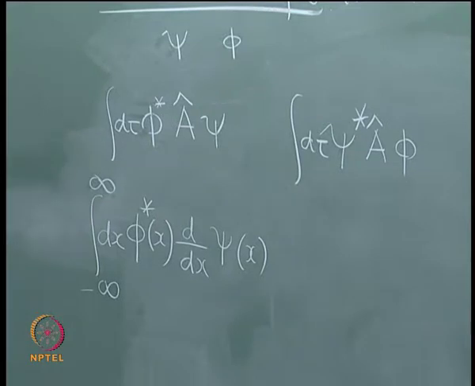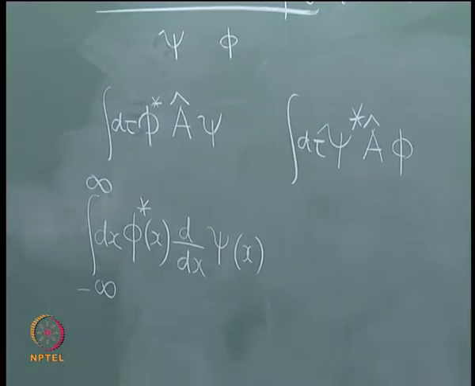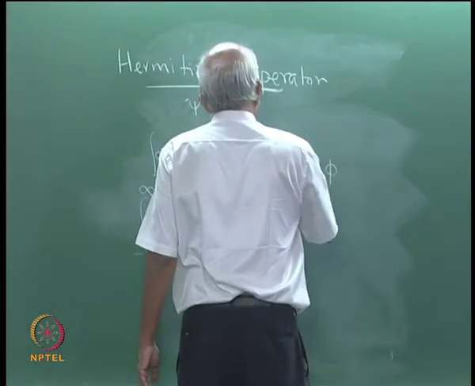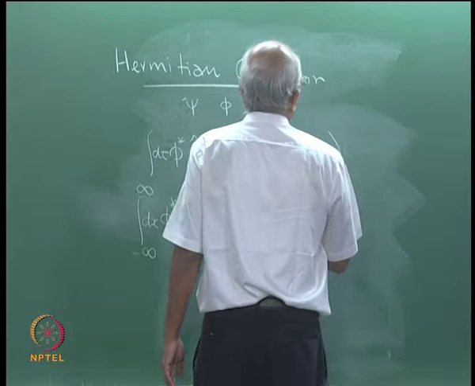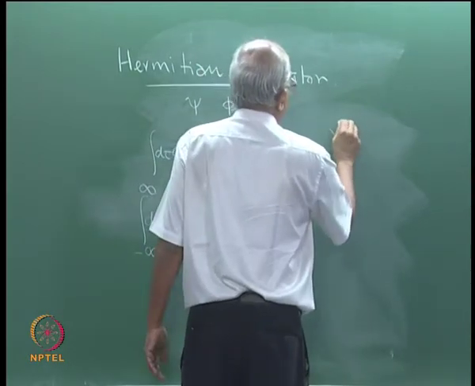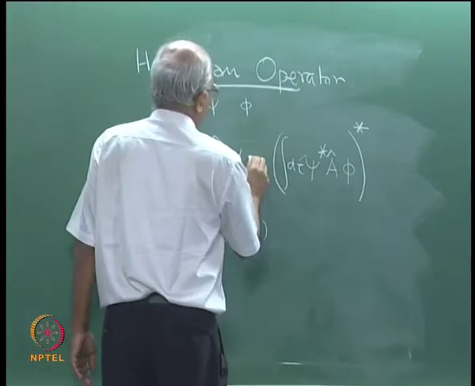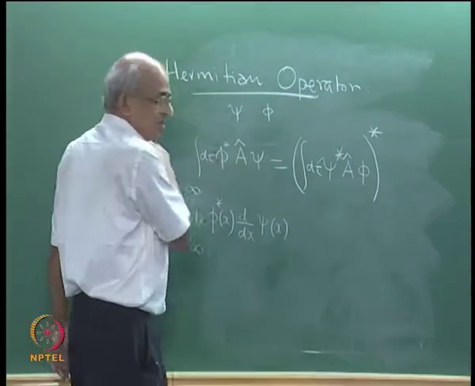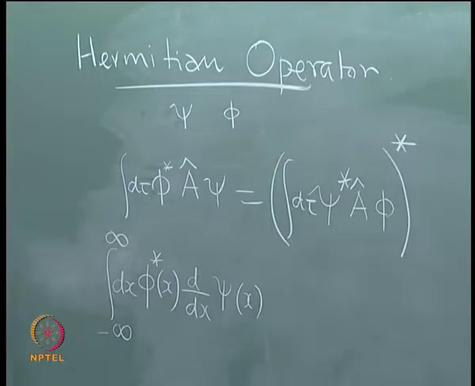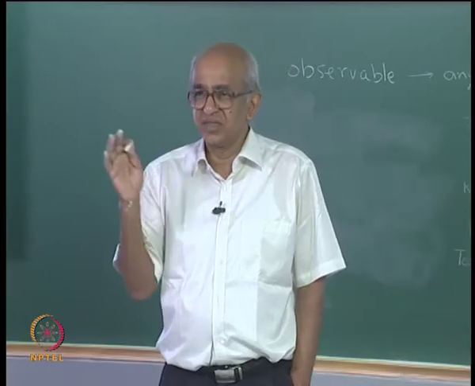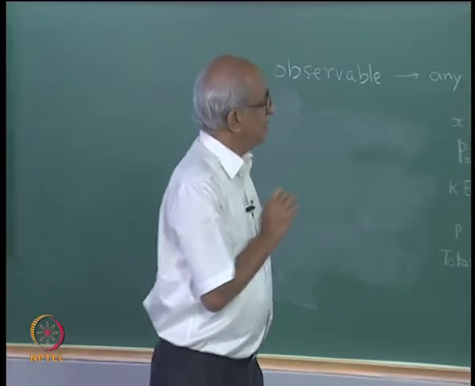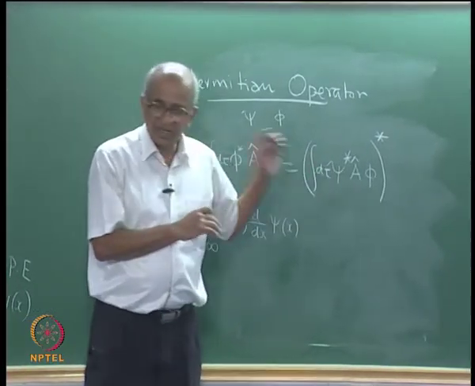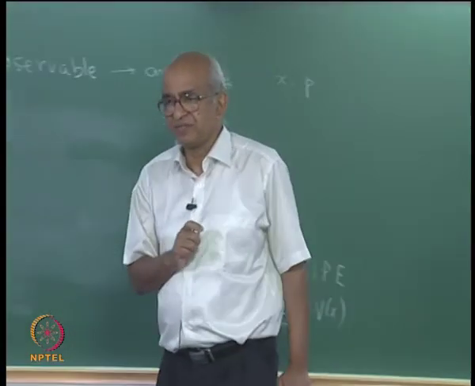I shall get some number there, and if it so happens that I take the number I obtained here and take its complex conjugate, and after complex conjugation it is equal to this number, then I say that A is a Hermitian operator. So, this is how a Hermitian operator is defined.